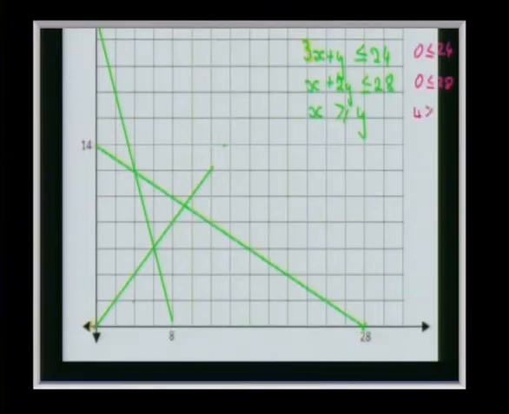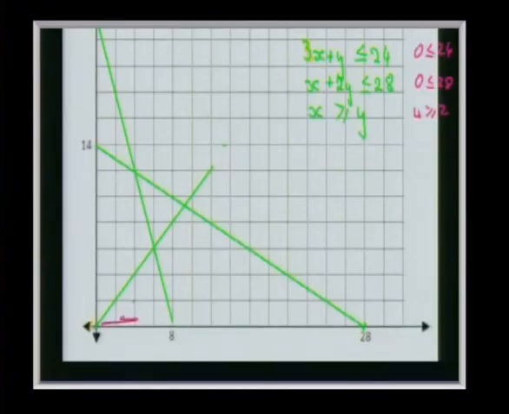Is 4 bigger than or equal to 2? Yes, it is. So our new feasible region involves that point, and it's this little one over here. A new feasible region. Let's go down and see what the questions were actually asking us.